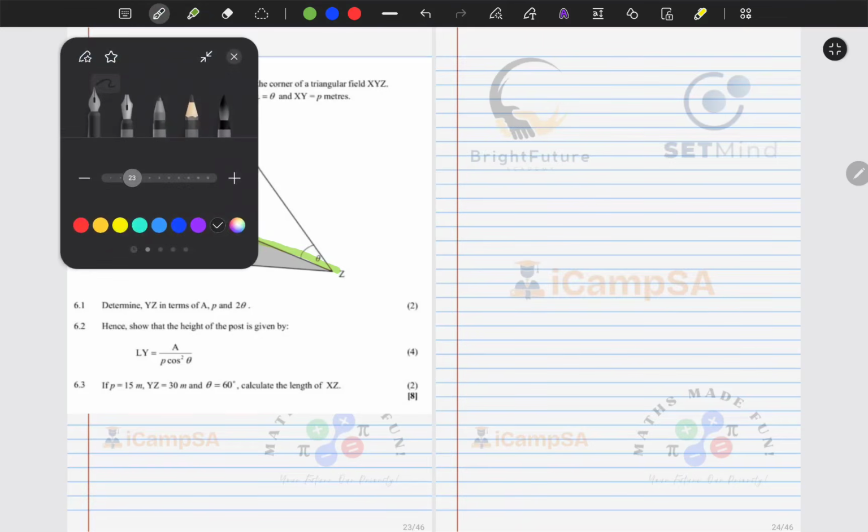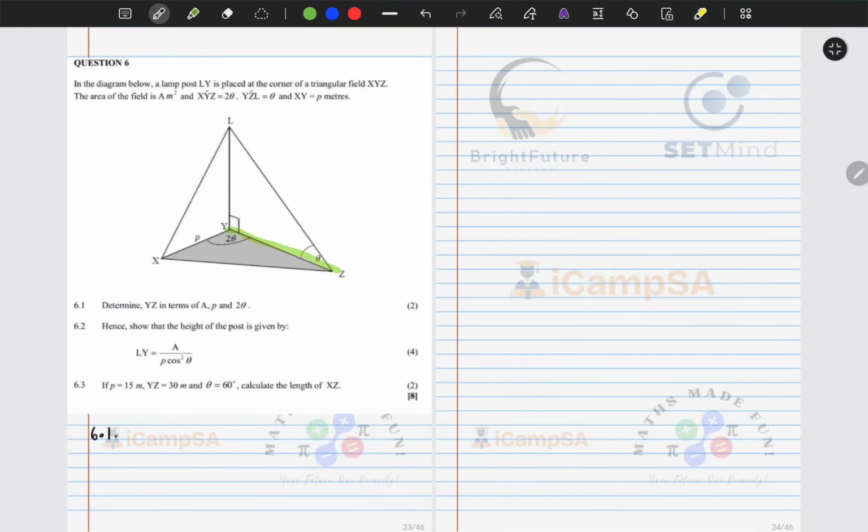YZ should be very easy for us to figure out here, 6.1, because we are going to use what we call the area rule. If we look at the area of triangle XYZ, it will be half of, using two sides, XY multiplied by YZ, and then sine of angle XYZ.